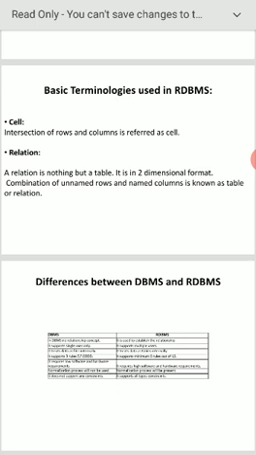DBMS supports only 3 rules, but RDBMS supports minimum 6 rules out of 12. DBMS requires only smaller software and hardware, less investment. RDBMS requires high level software and hardware, therefore your investment is more here.